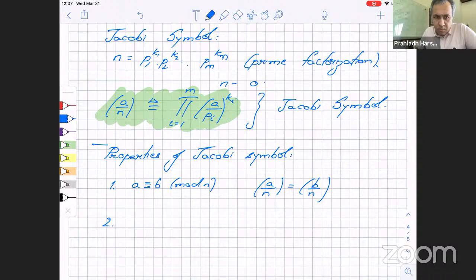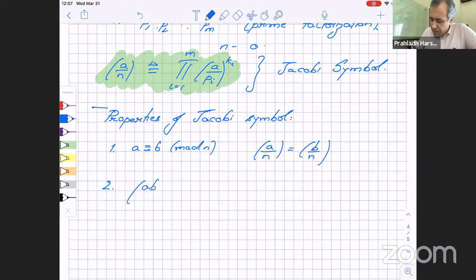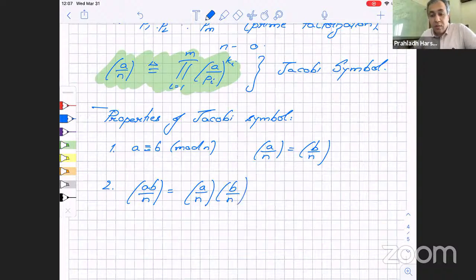Two, AB by n is A by n times B by n. This is true because the Legendre symbol itself satisfies it.